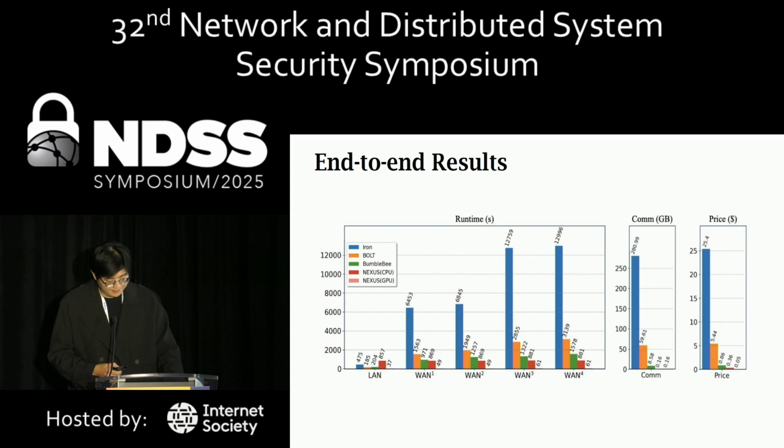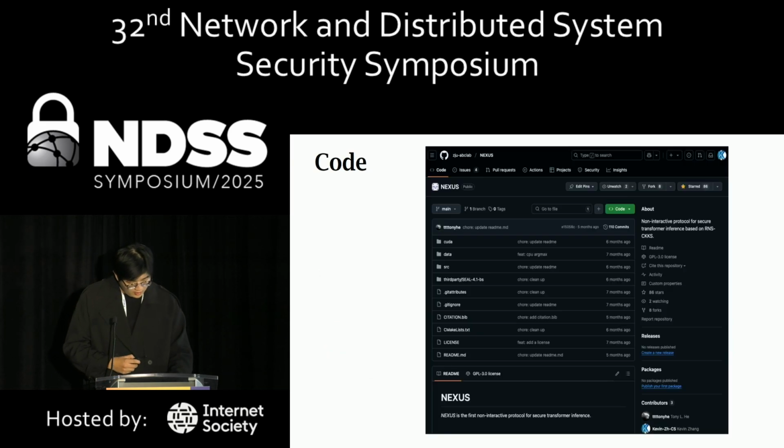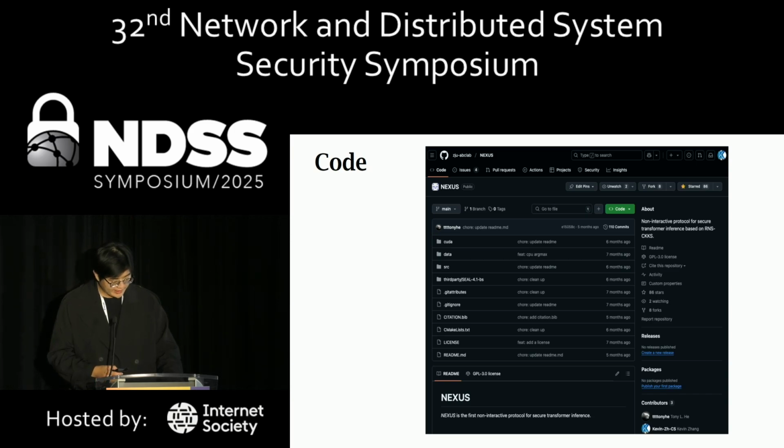At the same time, since there is only one interaction throughout the process, NEXUS is very compatible with hardware acceleration. It only takes half a minute to complete a secure inference under GPU acceleration, with only 5 cents per token.